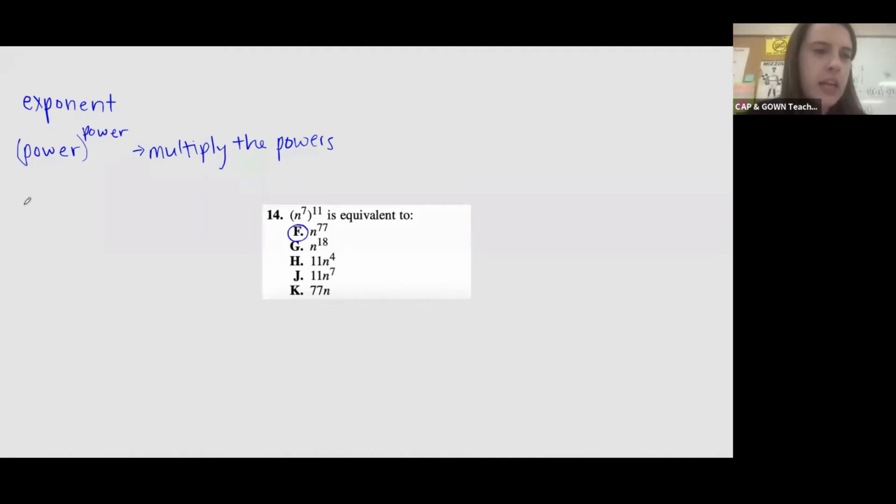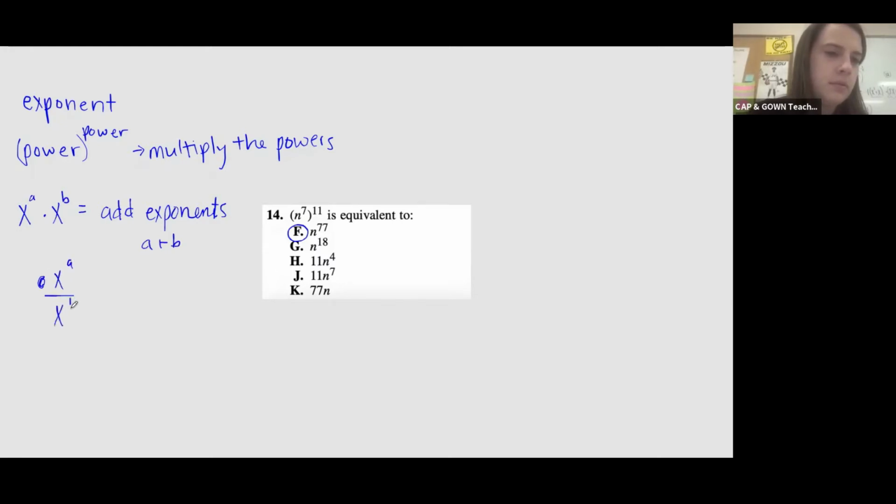Let's see, another exponent rule, you have to have the same base. And then you would add your exponents when you're multiplying. If you're dividing, you subtract the exponents.